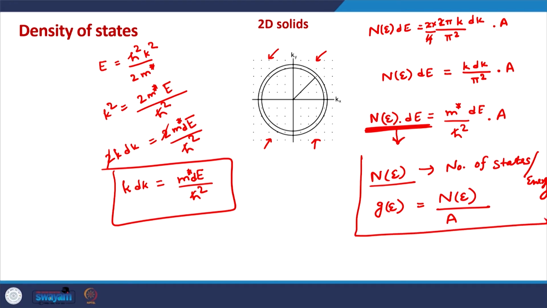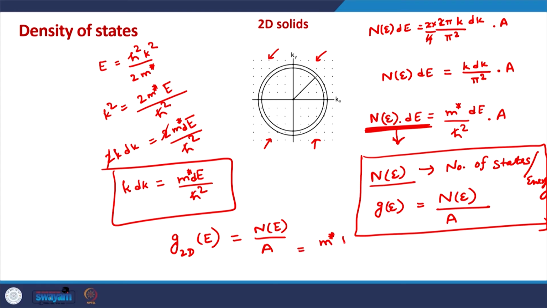Okay. So, now we are in a position to calculate the density of states for the 2D case. So, for the 2D case, if we represent the density of states by G2D of E, this would be NE by area, and it becomes m star dE by h bar square times A, and A cancels. Sorry, this dE also goes away because NE is m star A by h bar square.